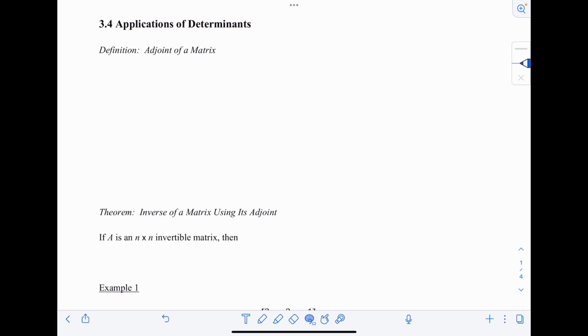So with that, let's go ahead and get started with this whole idea of an adjoint of a matrix and how we use that to find the inverse. To talk about the adjoint, we need to step back for a minute and talk about cofactors. If you remember, we talked about cofactors and minors, and we use the cofactors to get the determinant of the matrix.